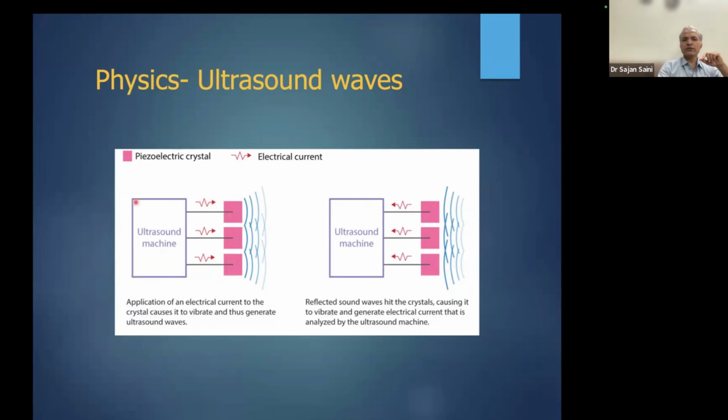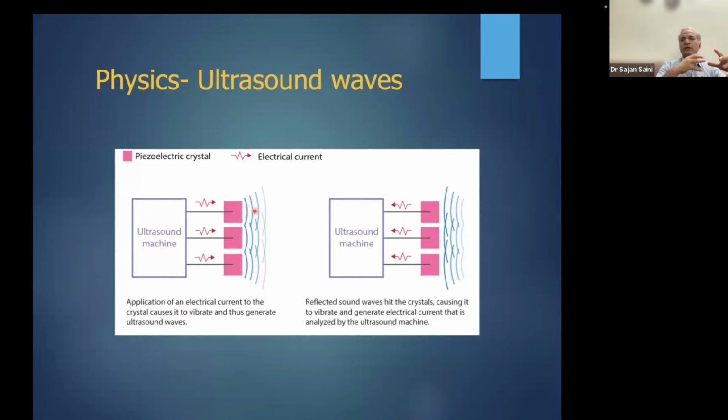The ultrasound machine is connected to the transducer with the help of a cord. The machine produces an electrical signal, which goes to the ultrasound probe. This is the footprint of the probe, where the piezoelectric crystals are placed side by side. This electrical current stimulates the piezoelectric crystals and they produce ultrasound waves.